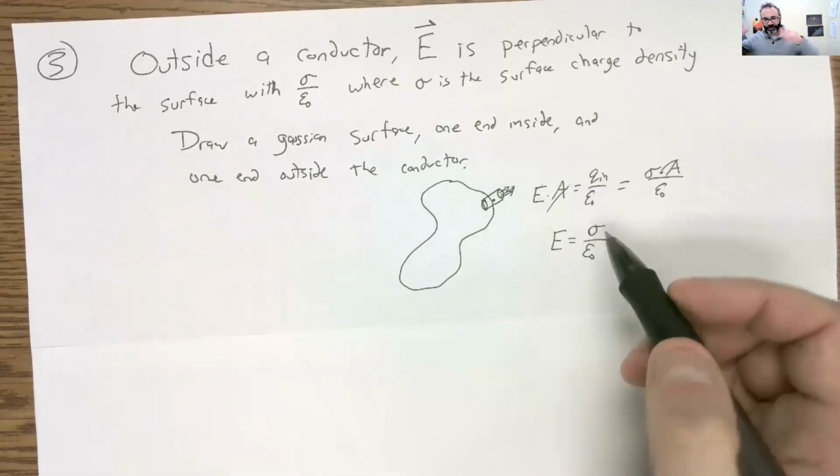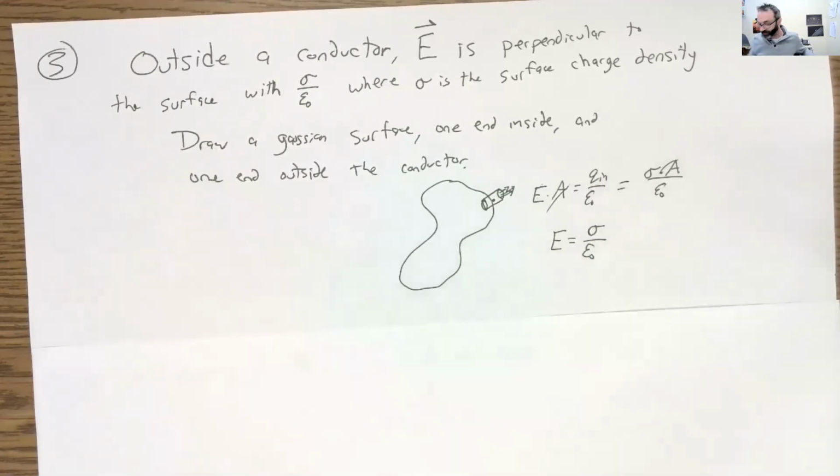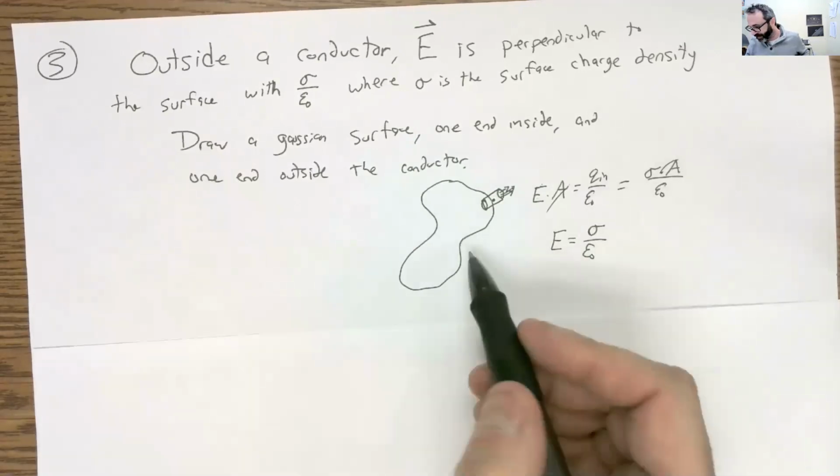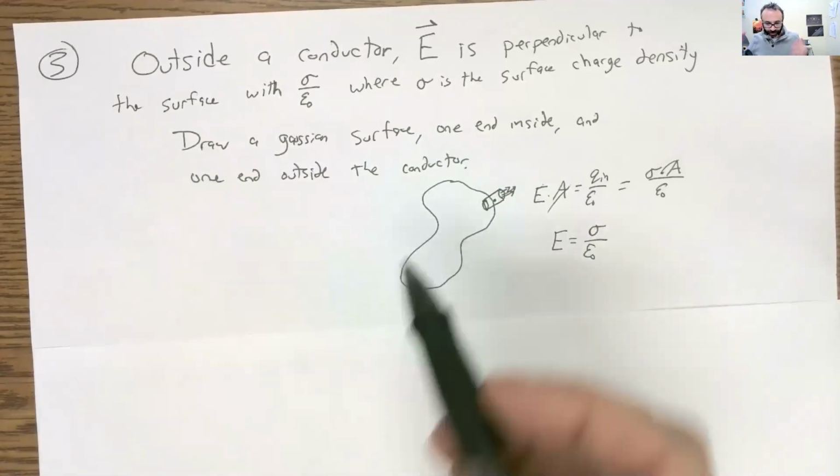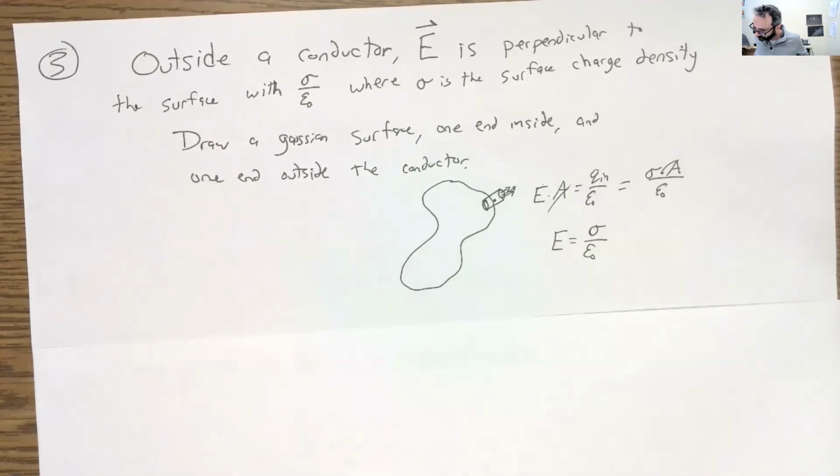You can have different charges built up on different areas of the surface, and in the end it's dependent on how curvy that part of the conductor is. If you have something like a perfect sphere, then the charge will always be evenly distributed over it. Okay, good question.